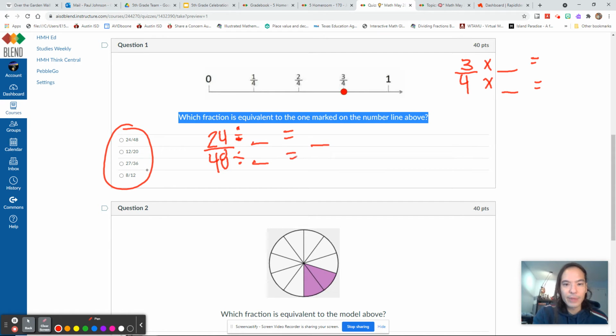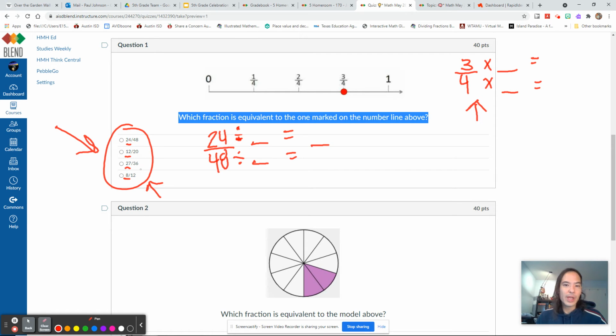So you have four options. One of these is equivalent to 3/4. You can either divide your answer choices to find out which one is 3/4, or you can multiply 3/4 by numbers. What turns 3 into 24? What turns 3 into 12? What turns 3 into 27? What turns 3 into 8?